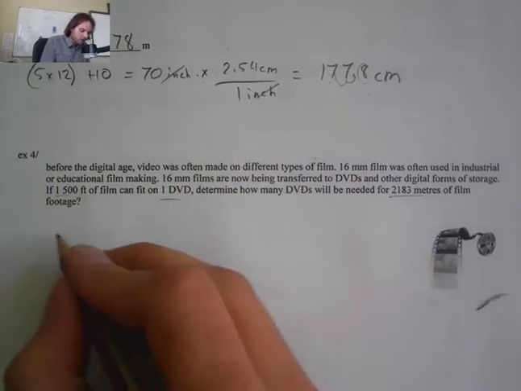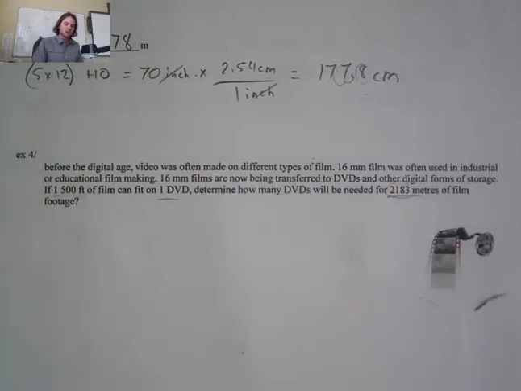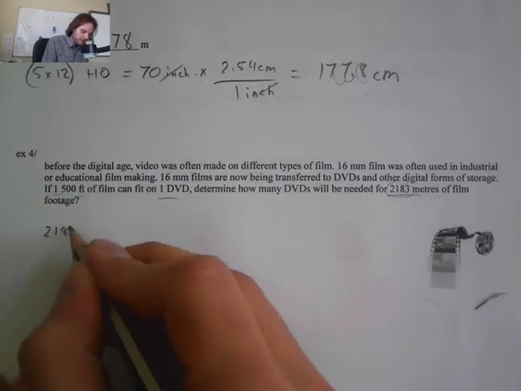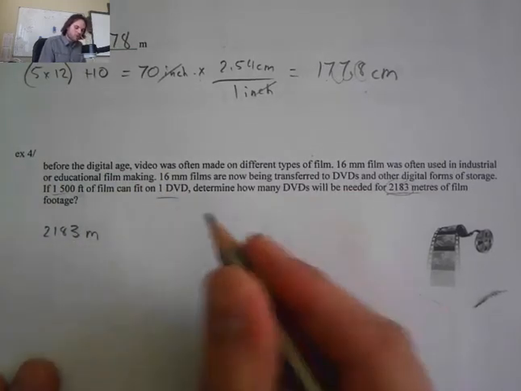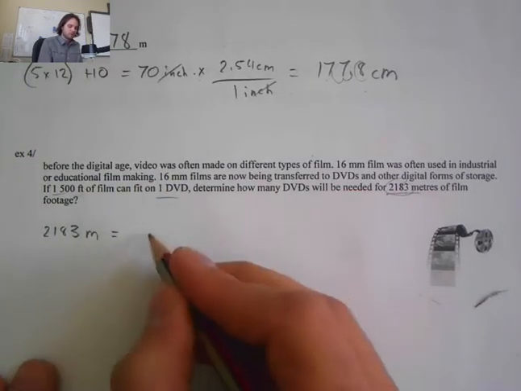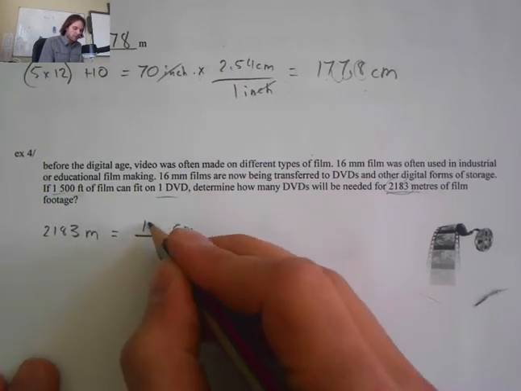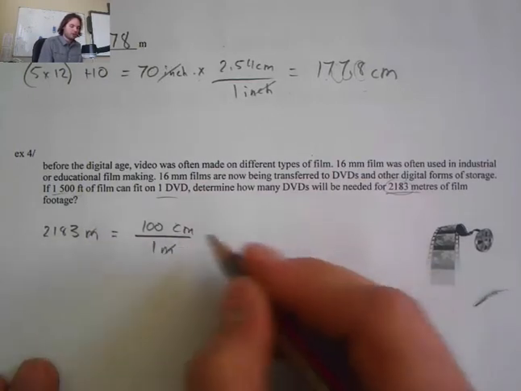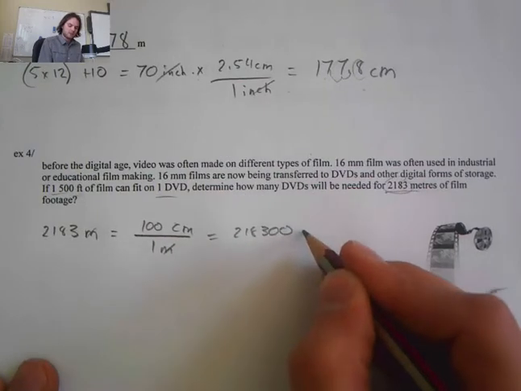Well, let's start this off. First, I am going to convert this here into feet. All right? So I know we have 2,183 meters, and I'm going to first convert this to centimeters. Okay? So I want centimeters. Well, that's 100 centimeters equal to 1 meter. So my meters will cancel off, which will give me centimeters.